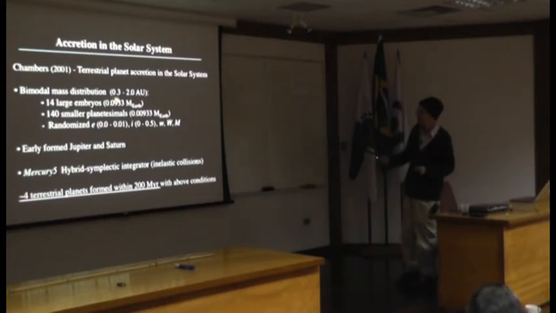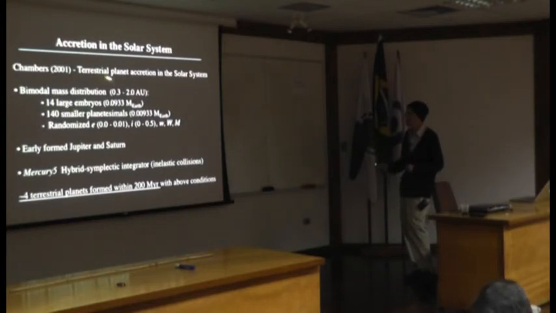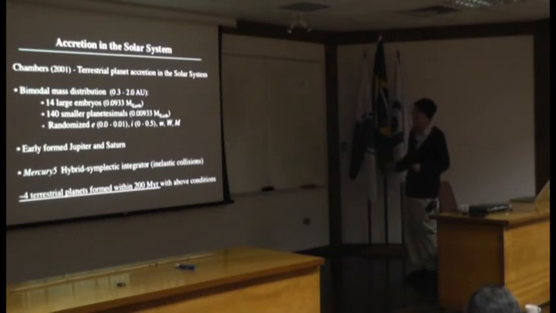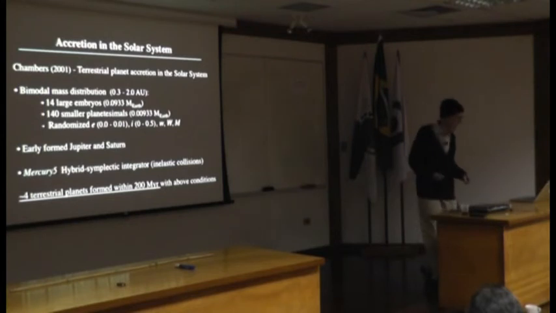And I'm going to show you some results of some simulations which started with about half the mass in 14 large embryos and the other half in 140 smaller planetesimals, on nearly circular orbits.